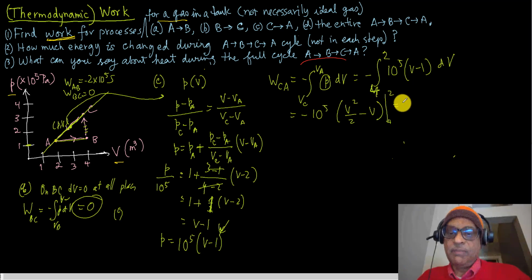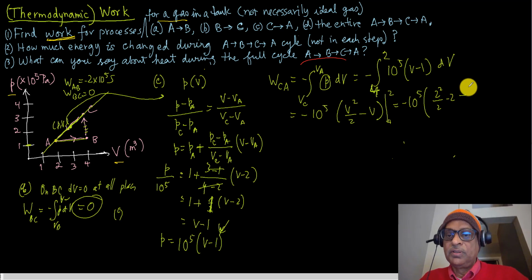So minus 10 to the power 5 times 2 square over 2 minus 2, minus 4 square over 2 plus 4.